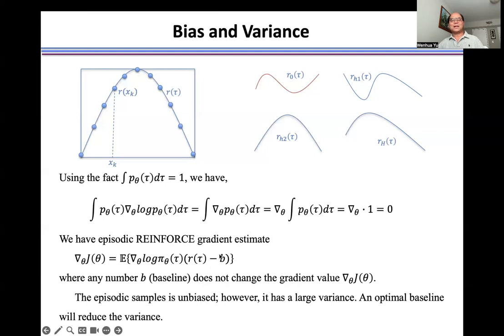That means we can insert any number b into the gradient of the objective function. Because this term is 0, no matter what b we select, it doesn't affect the gradient of the objective function. So we have a chance to select a proper baseline to reduce the variance.